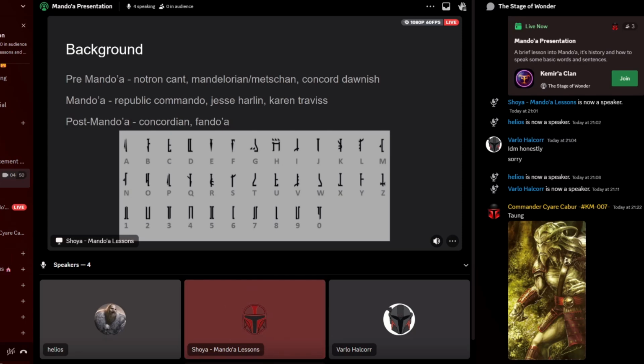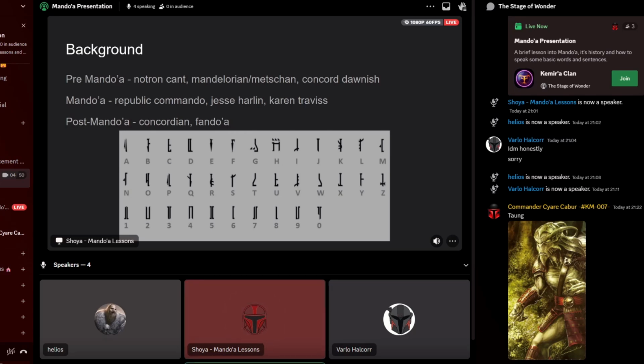That was created by Philip Metschan, and that's the script that you can see at the bottom. And that script was created for Attack of the Clones for Jango Fett's Slave One readouts. Technically, that is the first official script.